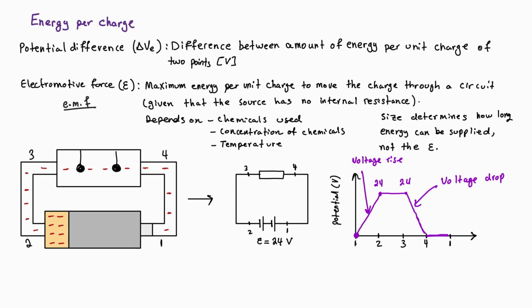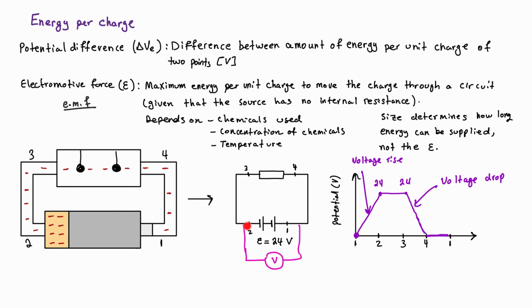Potential difference here is measuring the difference between the potential at different points. And it's usually measured using a device which is called a voltmeter. So if I connect a voltmeter in parallel with the source, between points 1 and 2, it will measure the potential here and the potential here and subtract them.